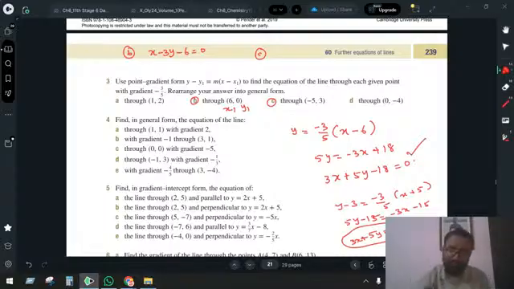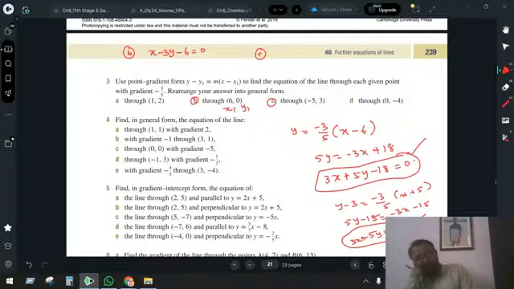Please cross check. Yeah. What about the third c? 3x plus 5y is equal to 0. Okay, that's it.